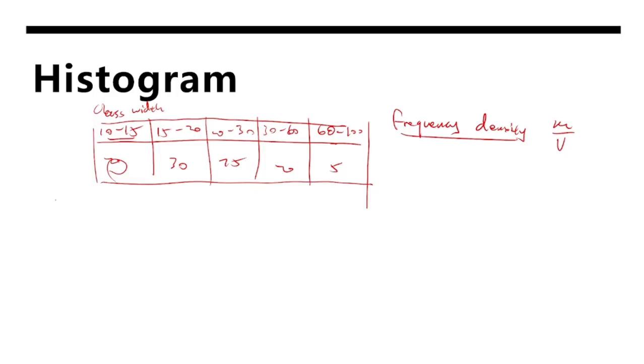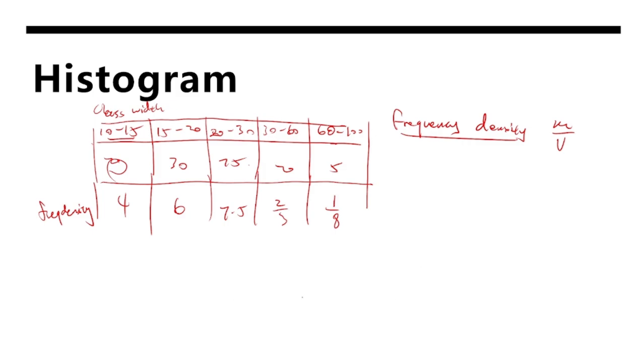So frequency density here is 20 over, what's the class width? 15 minus 10, 5. So 4. 30 over 5, 6. 75 over 10, 7.5. 20 over 30, 2 over 3. 5 over 40, 1 over 8.